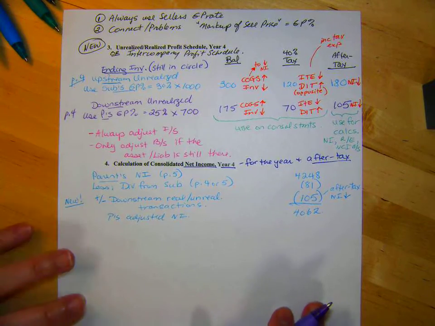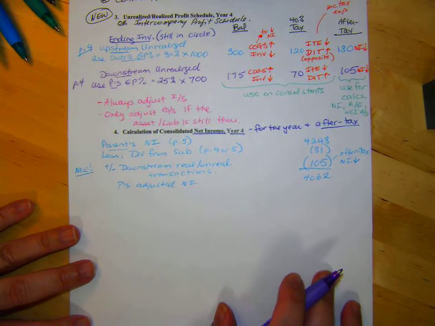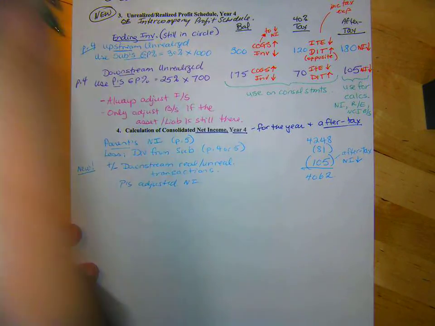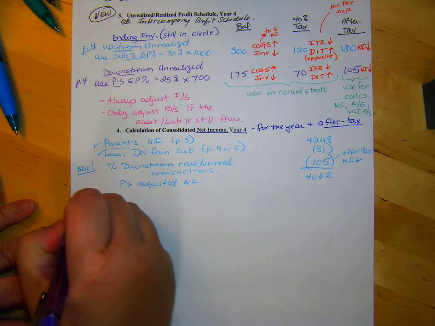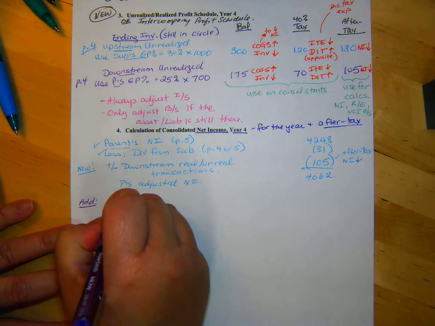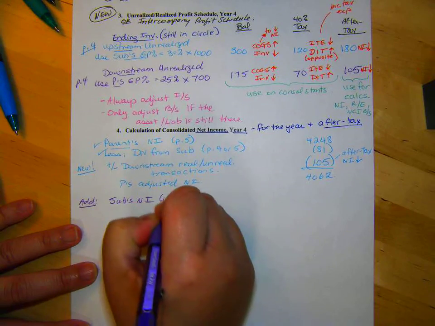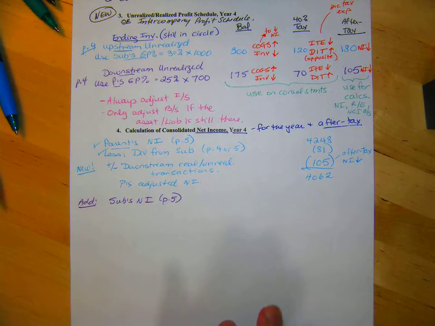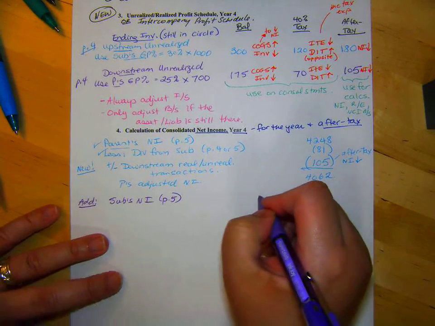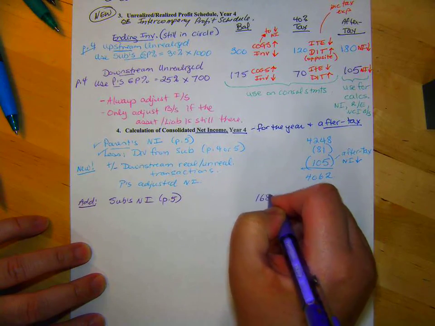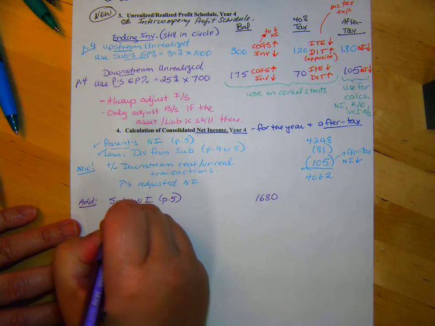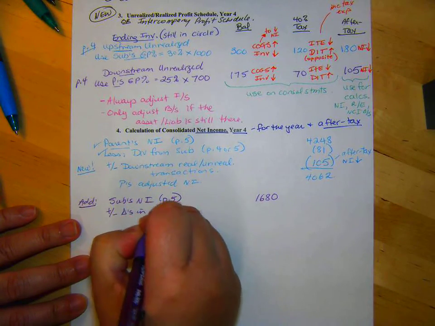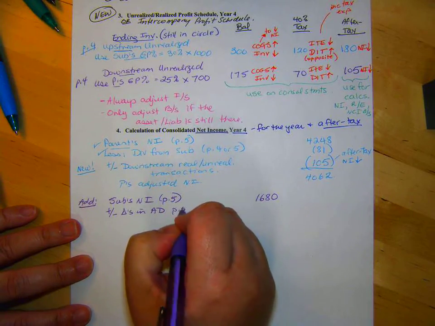Okay, now let's do the sub's portion. Same idea, we're going to put the stuff we already know in, right? Because we already knew that, this is just new. So we're going to add the sub's net income, also on page 5. So go ahead and find it, because sometimes trying to find the information in these questions is tricky. Now, what did we usually do? We did plus or minus changes in AD, which is also on page 5.